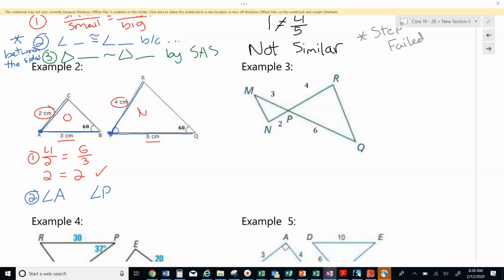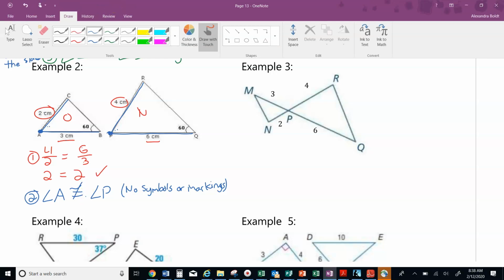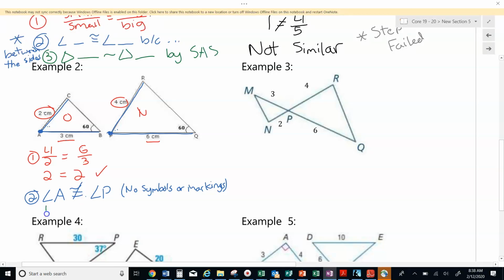Well, I don't think angle A is congruent to angle P. At least there's nothing there that tells me it is. So no symbols or markings. Like no numbers, no symbols, no markings, no nothing. So I have to say they're not congruent. I don't know, right? So then I say not similar.